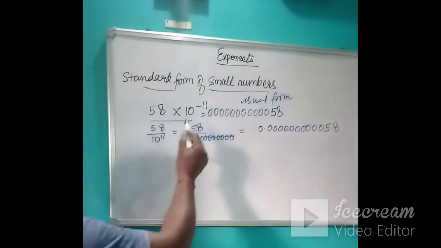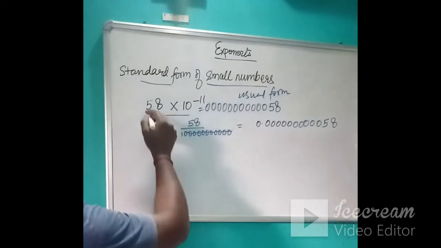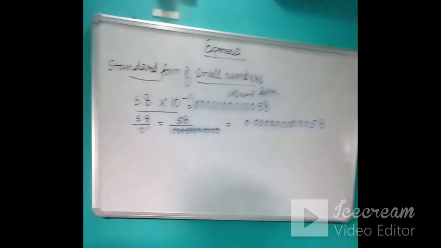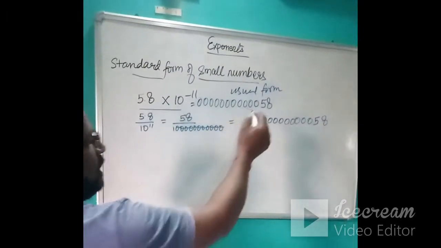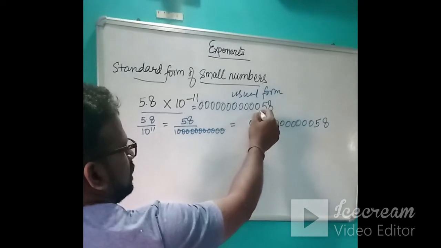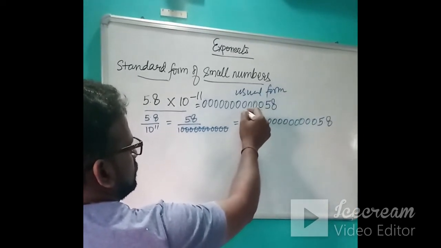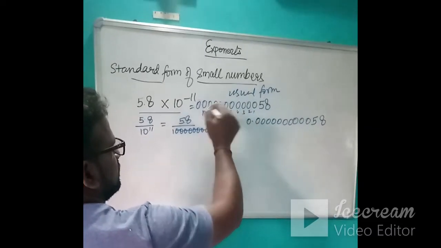How much power is there? 11. So we will shift this decimal to the left hand side by 11 places. How? This is 5. So after writing 5, how many zeros are required? 10 more zeros are required. So we will write 1, 2, 3, 4, 5, 6, 7, 8, 9, 10 zeros.